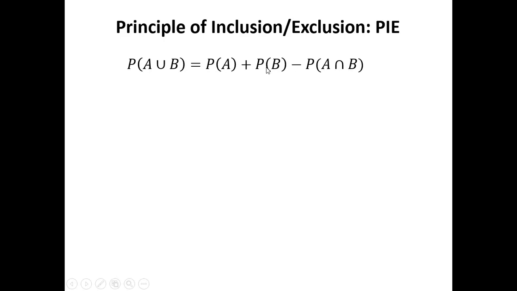So we include it here, and then we have to exclude it here. That's why this is called the principle of inclusion-exclusion. So you could see here, we're counting everything in A and then everything in B. So we've counted this overlap twice. That's why we have to subtract off the intersection.